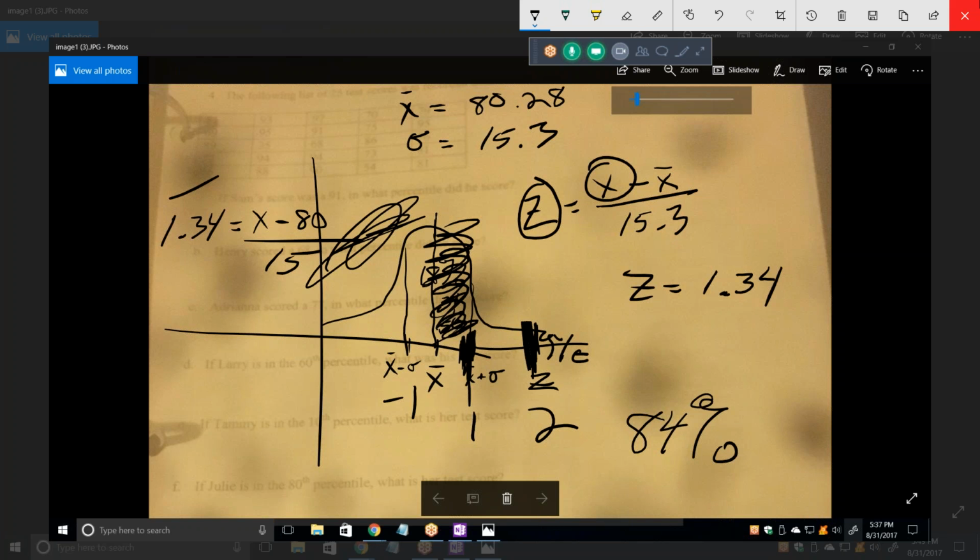Yeah, no, I got 20.1, and then when I add the 80. So according to this, x has to equal 100. In other words, if x were 100, you would have a z-score of 1.34. And when you look in your table, a z-score of 1.34 tells you that 91% of the curve is to the left of that.